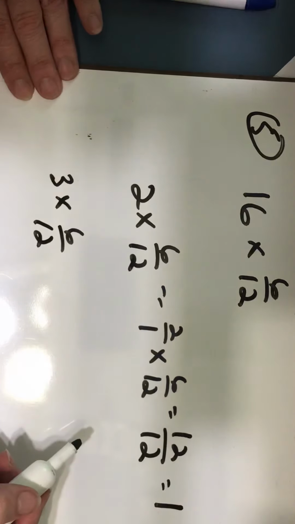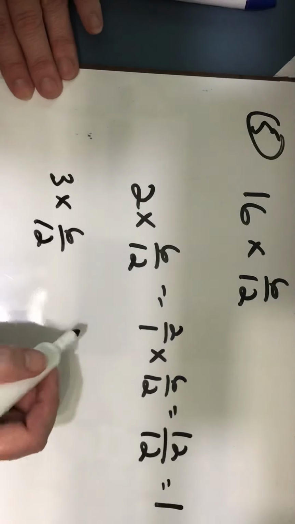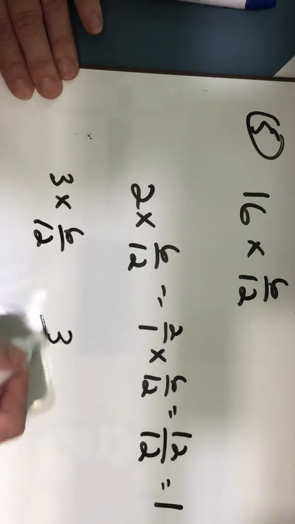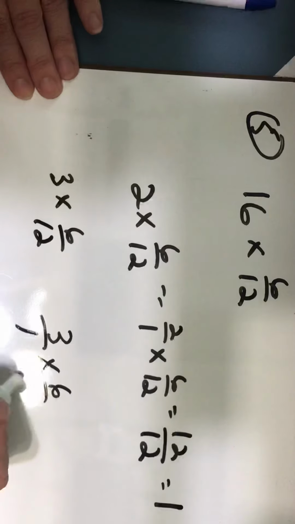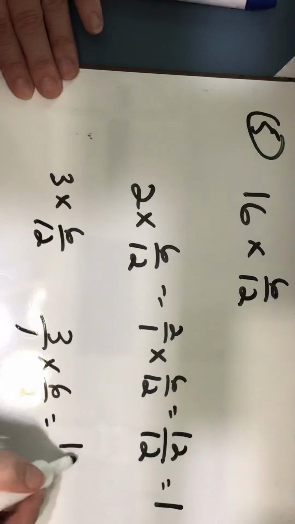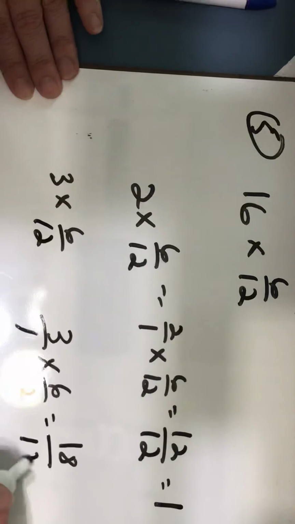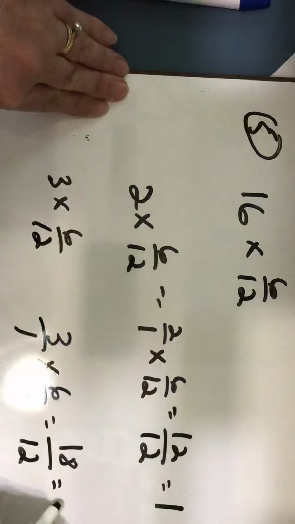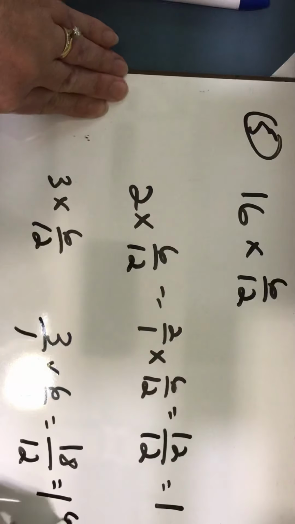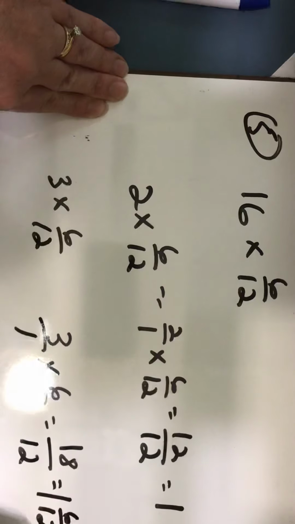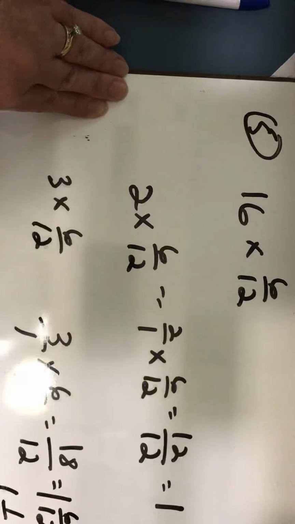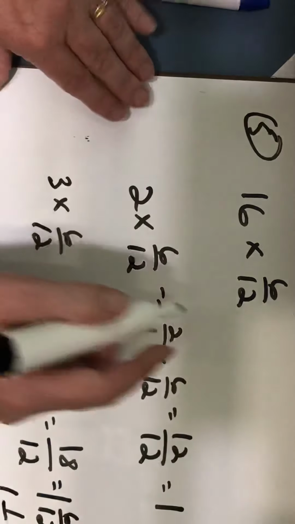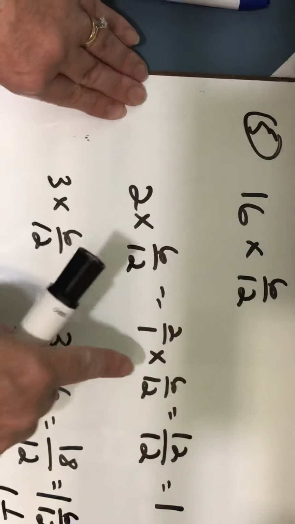Okay, and then we have 3 over 1 times 6/12, which equals 18 over 12. Okay, and 12 goes into 18 one time with 6 left over, 1 and 6/12, which is also 1 and 1/2. Okay, now before we do this one, let's look at these.